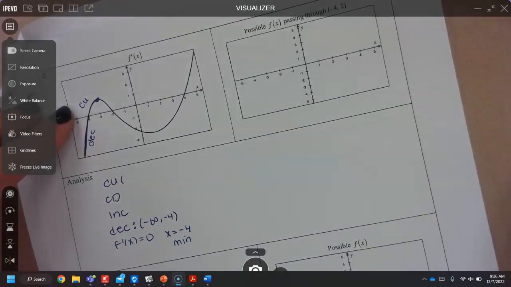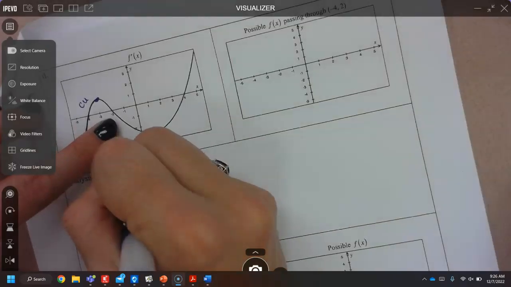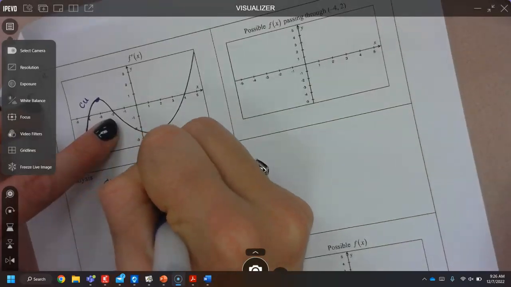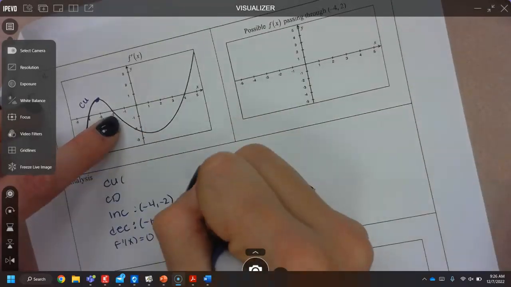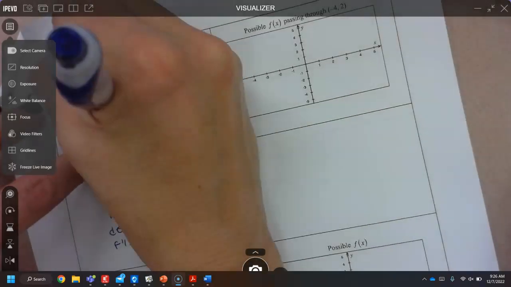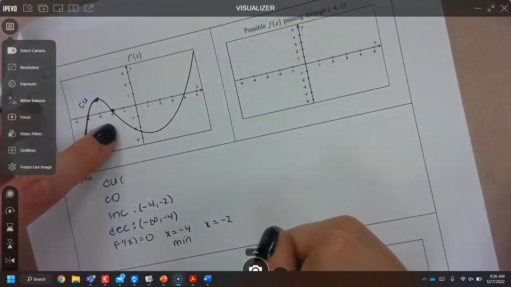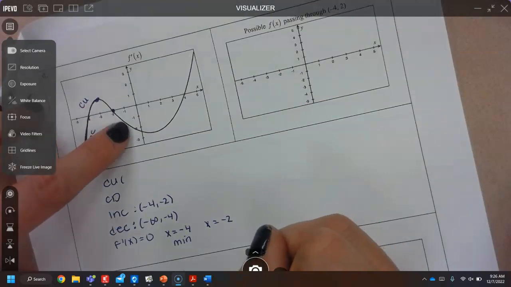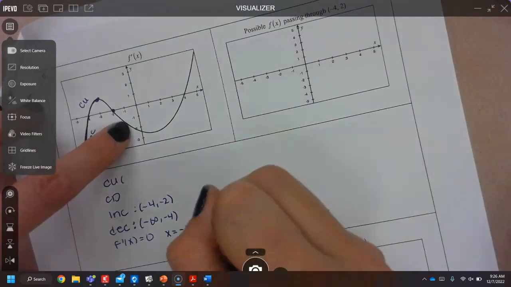And then it's decreasing. It's positive from -4 to -2. So that means that this is increasing. X equals -2 is a 0. So it goes from positive to negative, so increase to decrease, making this a max.